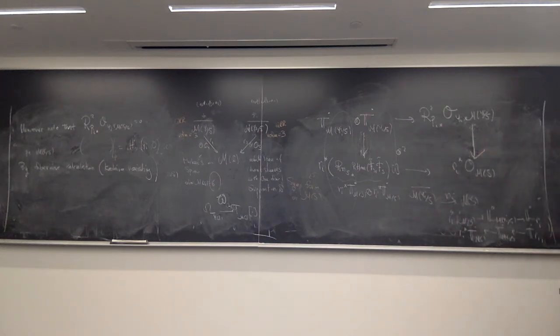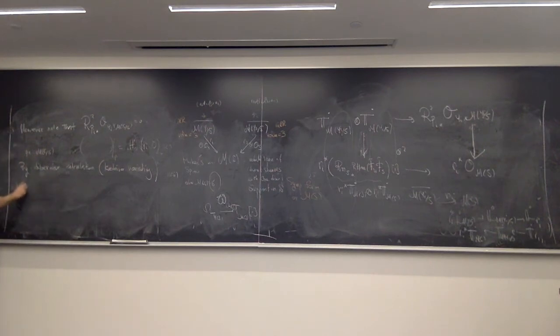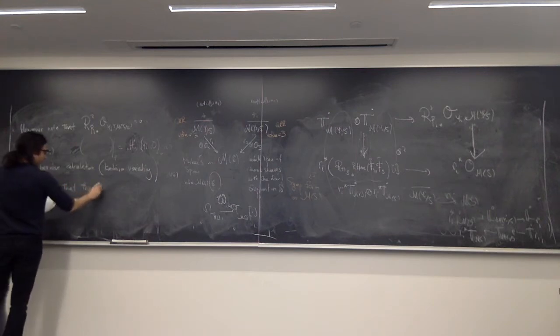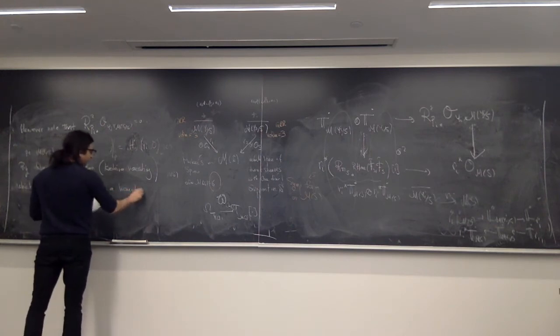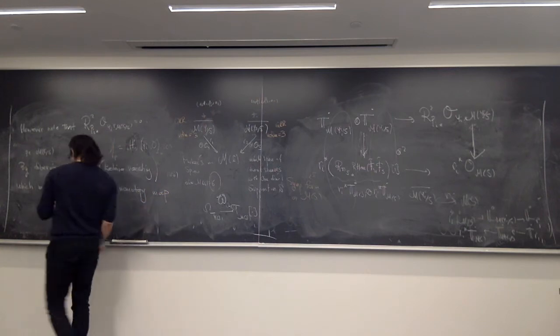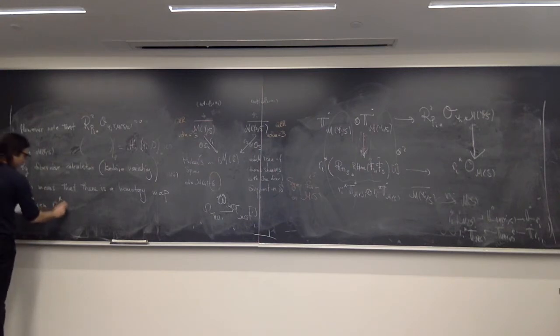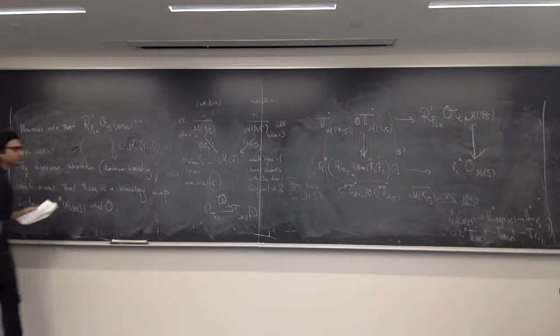Yes. Okay, so this gets mapped to 0, which means there is a homotopy between Ri upper star of omega of M of S and 0.